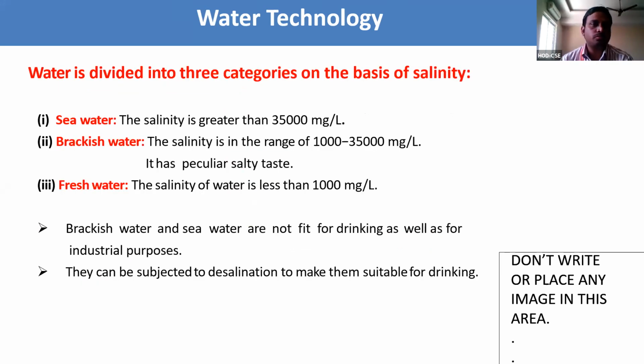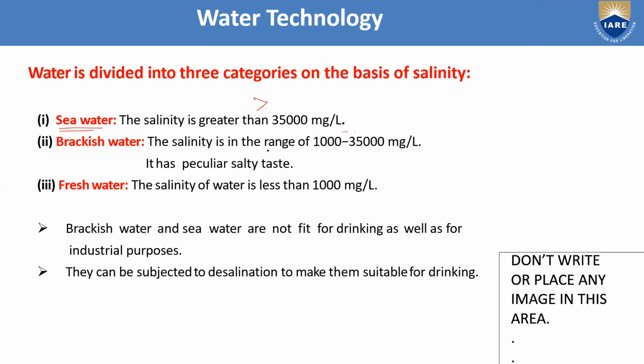Water is divided into three categories on the basis of salinity, based on the salts present in it. The first one is seawater, with salinity greater than 35,000 milligrams per liter.